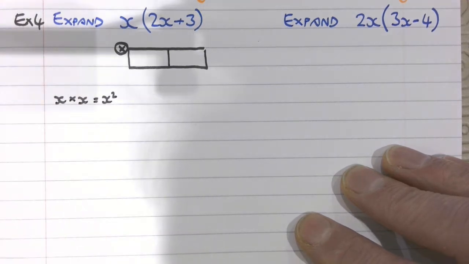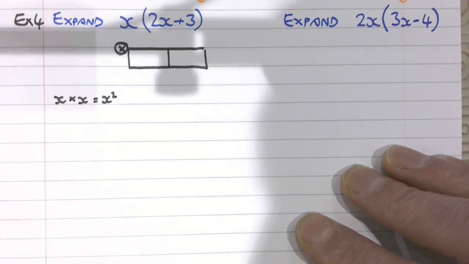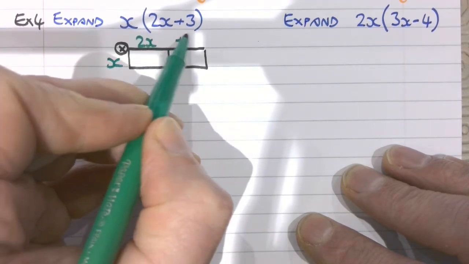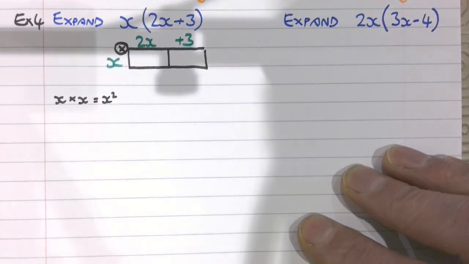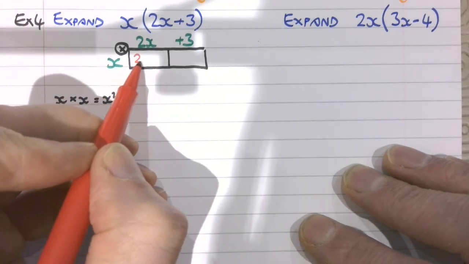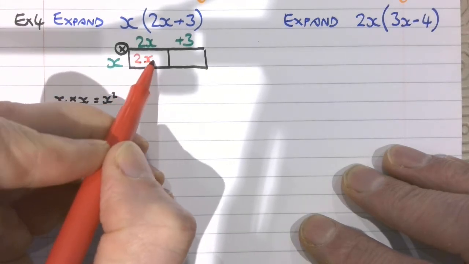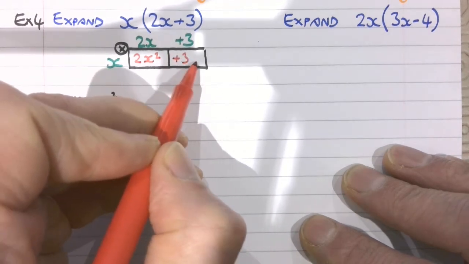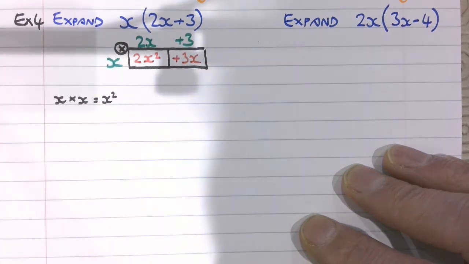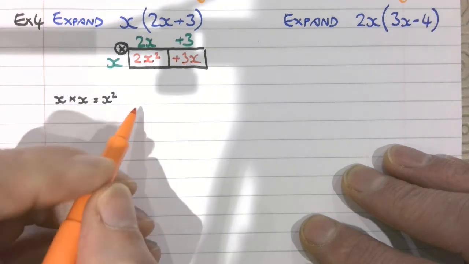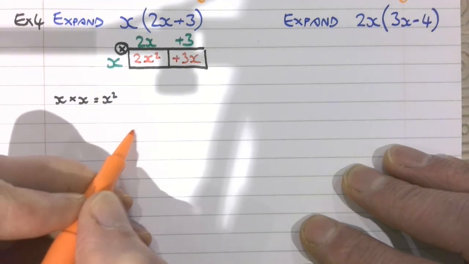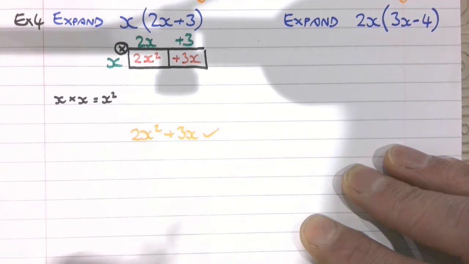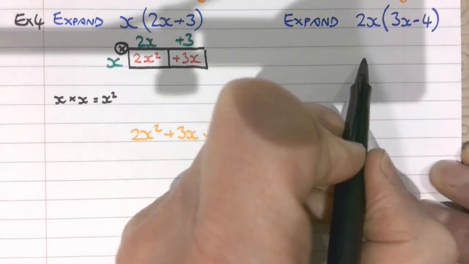So that's what's going to be going on here, all right? So I've got x times 2x plus 3. So x times 2x is going to give me 2x squared. And x times positive 3 is positive 3x. So in case we're not 100% sure what's going on, the answer is 2x squared plus 3x. Boom.